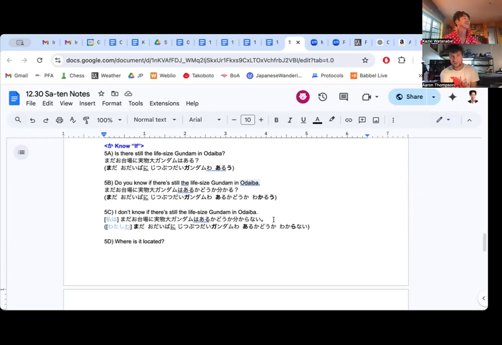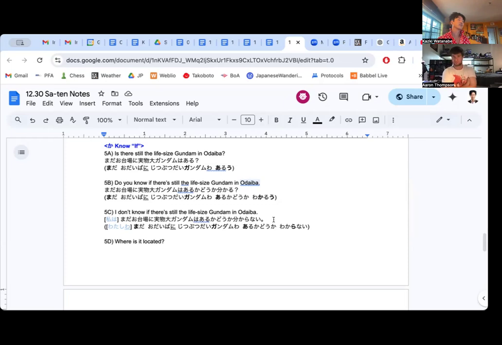Okay, what's the English sentence? Is there still a life-size Gundam in Odaiba? まだお台場に実物大ガンダムかわかる. Well, Gundam is just a noun, not a sentence. So you can't add ka right after that. Okay. So 実物大ガンダムがある is what you said, right?